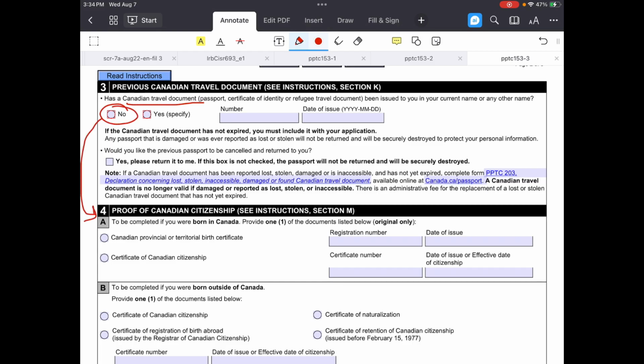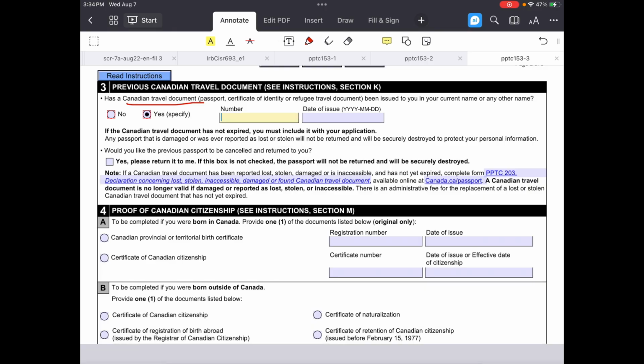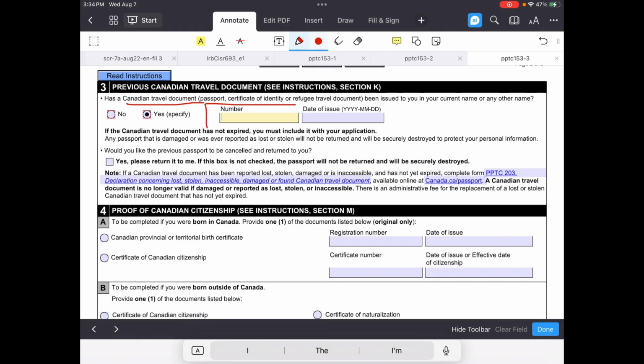If the answer is yes, then let me show you. It's going to ask you to include the travel document number as well as the date that that travel document was issued.